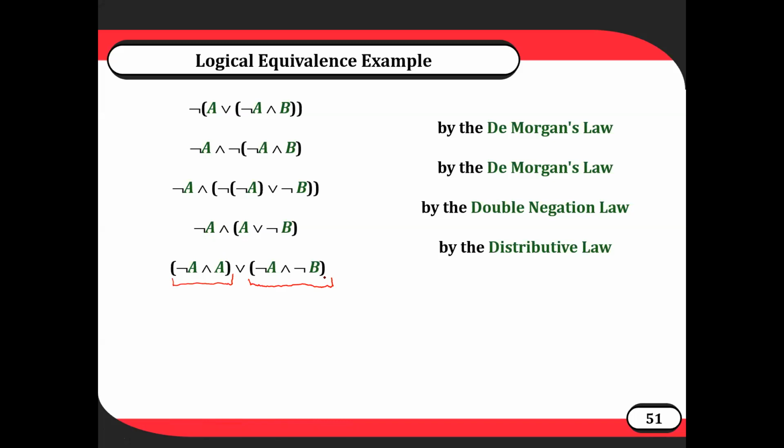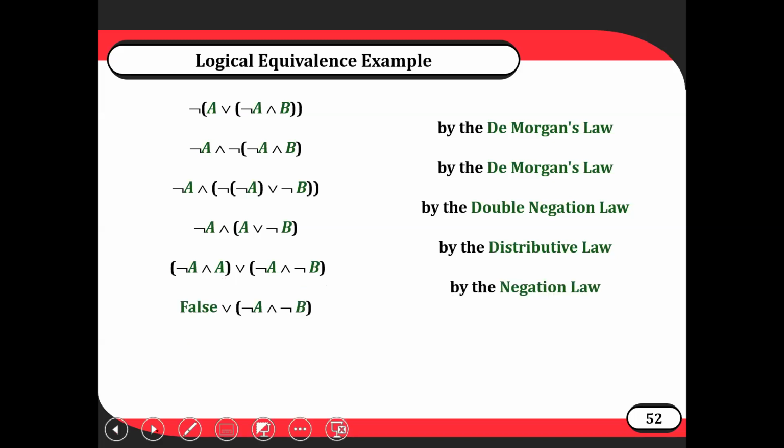Does anybody want to take a stab? I have this not A and A, right? Yeah, so the negation law: not A and A gives us false. So false or anything gives us what?